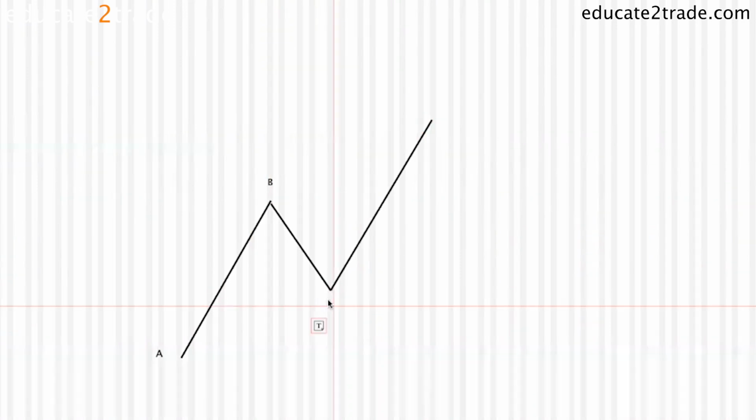A, B, if I can get my computer to work, here we go, A, B. Right, so we're here, A, B, that's length A, B, price move A, B. And then you have point C, then you have point D. Because my computer's a bit slow, I have to do this in a pretty clumsy way, must excuse.